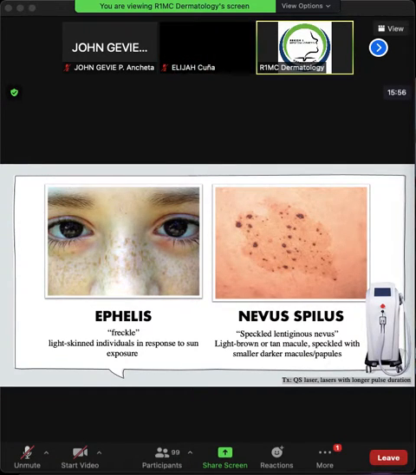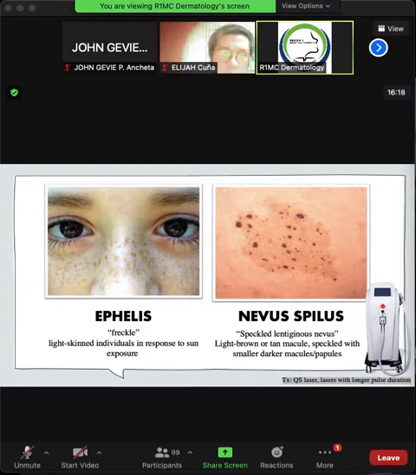And histologically, your freckles demonstrate pigmented basilar keratinocytes and a mild increase in the number of your melanocytes, whereas your nevus spilus, we also call it your speckled lentiginous nevus, presents as a light brown or tan macule, speckled with smaller, darker macules or papules, as seen in the picture. So both of these can be treated with your QS or Q-switch lasers, which target your melanosome.